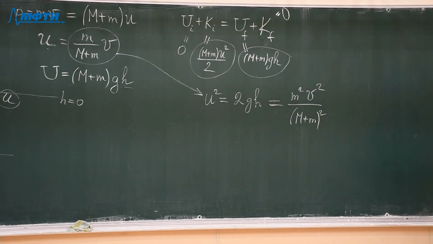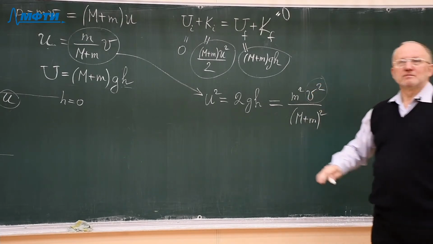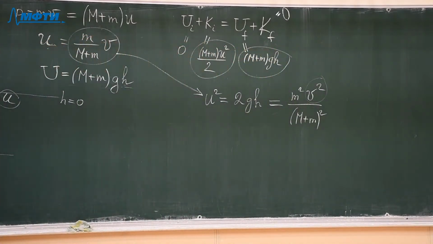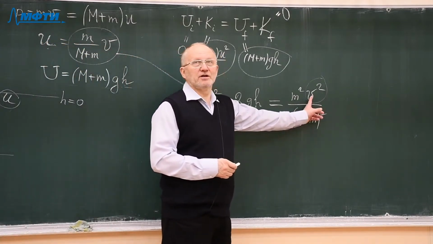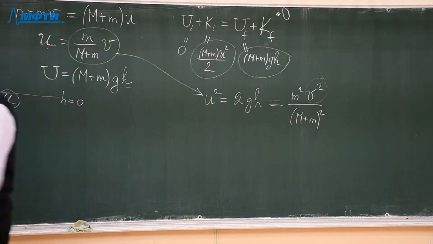Our purpose is to find the velocity of the bullet, and all our calculations go in this direction. We must finally express the velocity of the bullet through other quantities given in the statement of this problem.